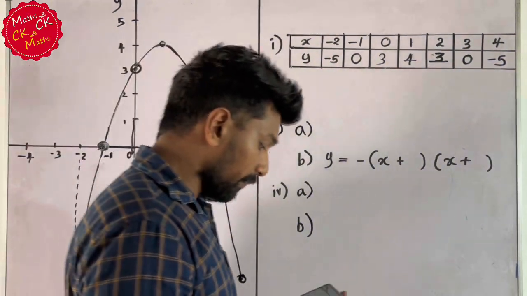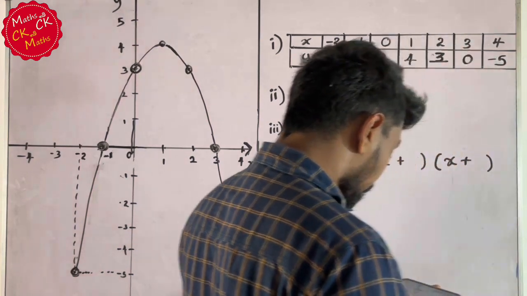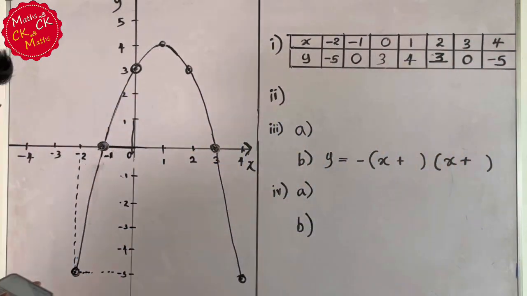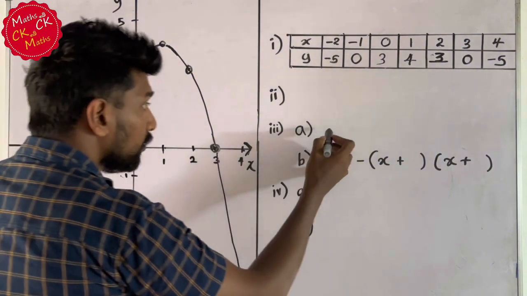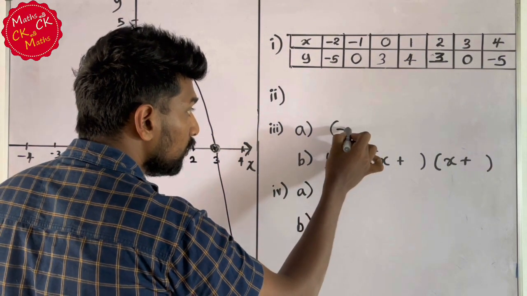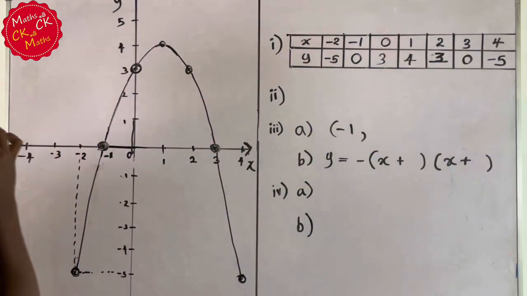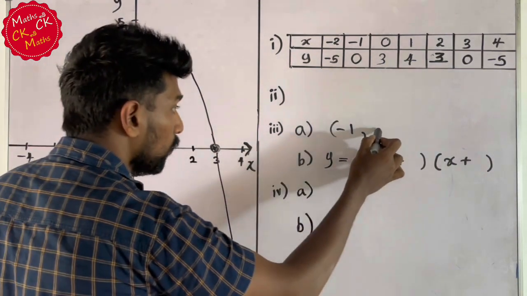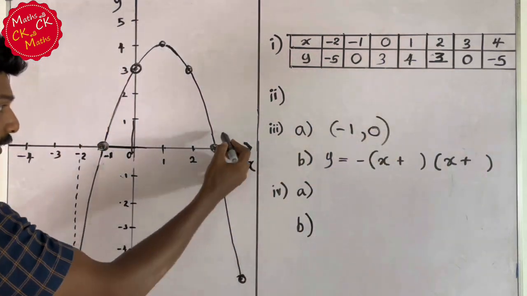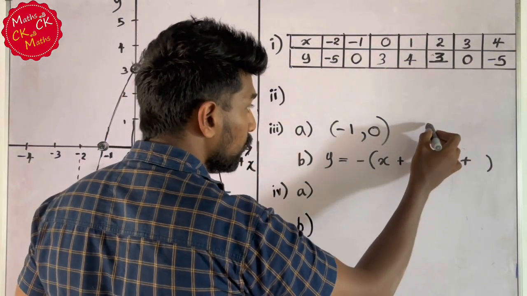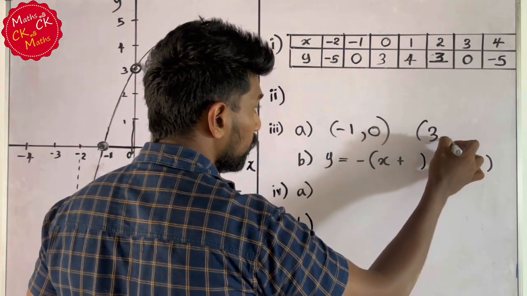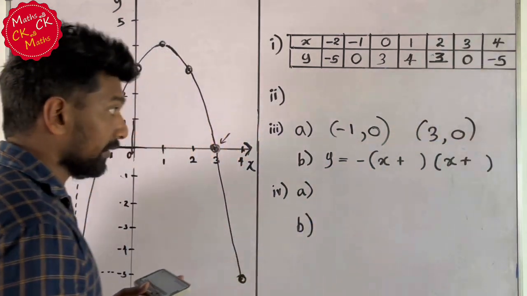These are the points, right? And what are the coordinates of them? Here the coordinates are x equals -1 and y equals 0, and here the coordinates are 3, 0. You have to write it like that.